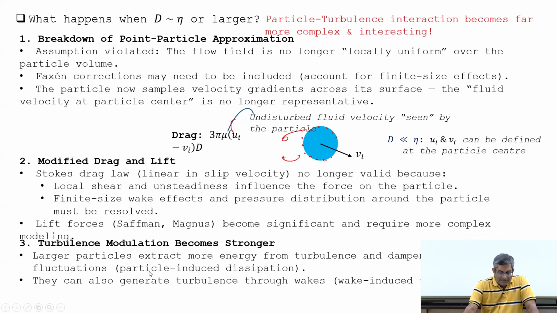This is called particle-induced dissipation, and in addition they can generate turbulence also through wakes. So you see the situation is complex in the sense that on one hand they try to suppress the fluctuations, on the other hand they create more turbulence.